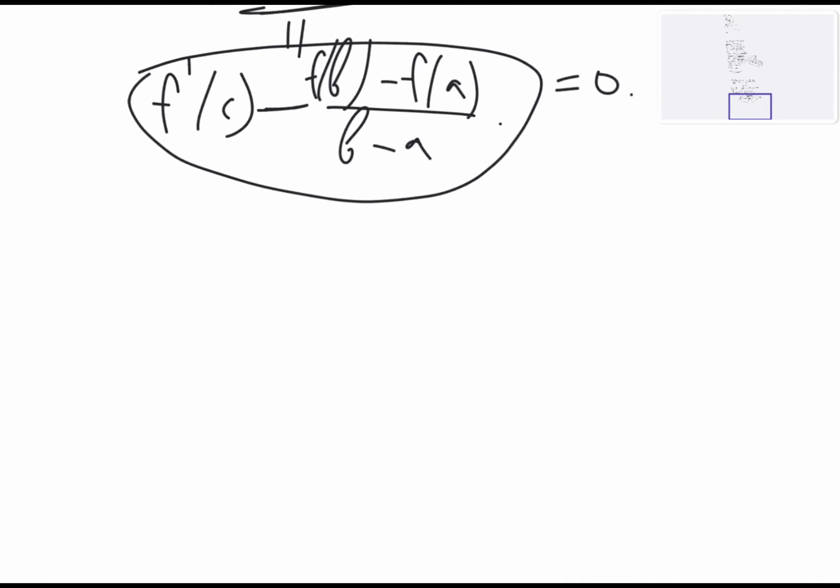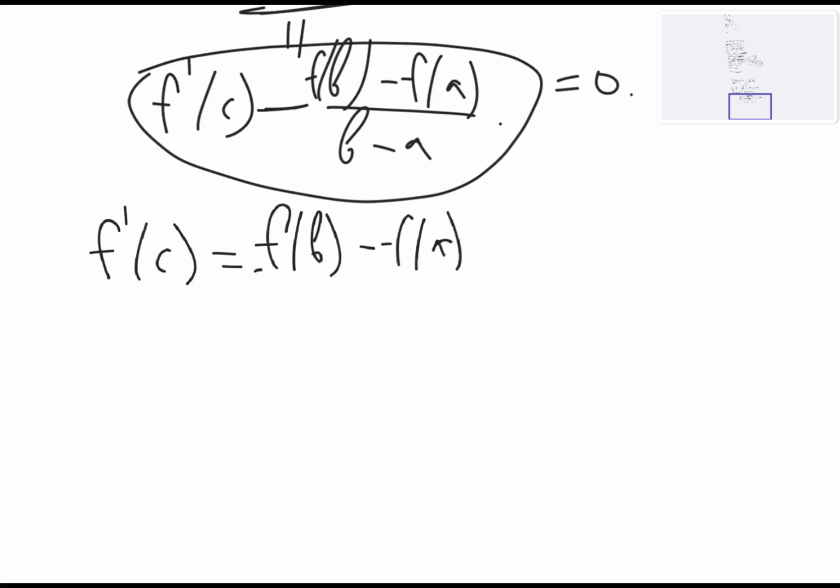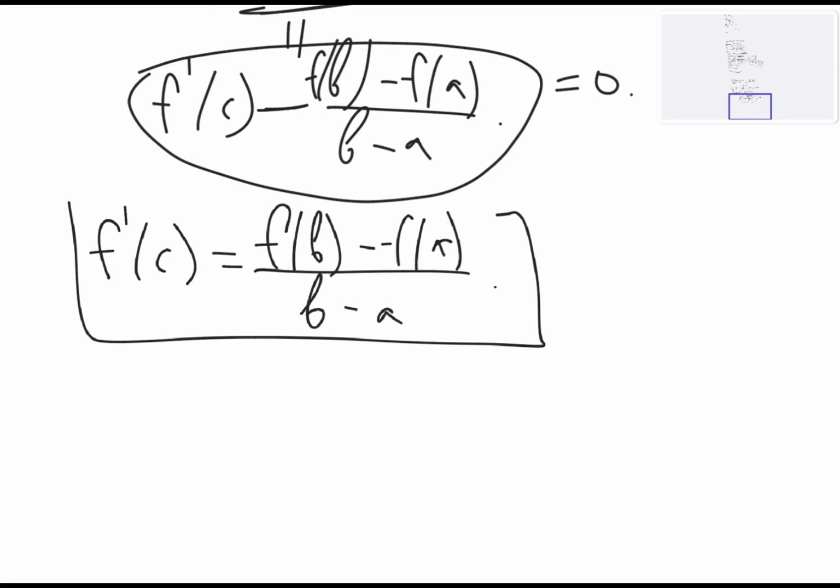Therefore the derivative of f at c would be equal to f of b minus f of a over b minus a, and that's exactly what we needed to prove.